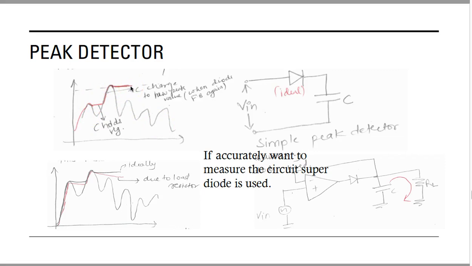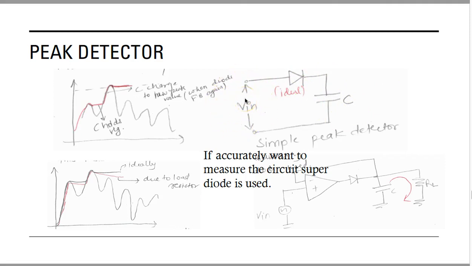So what will happen in this? You have this input voltage Vin, and let's say when this is positive, then what will happen? When this is positive, your diode will be forward biased, and when your diode is forward biased, this voltage will transfer to this capacitor, and your capacitor will start charging up to the peak value of this input signal.